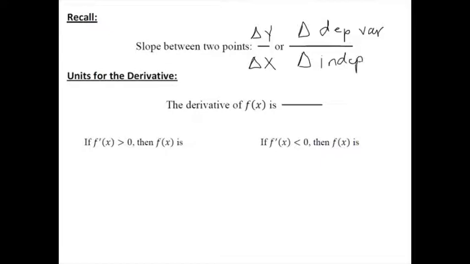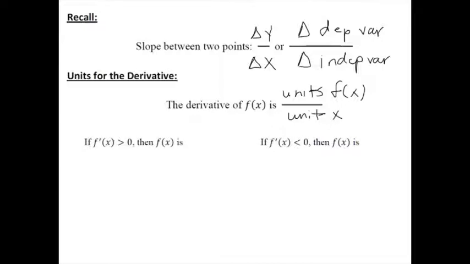So when we write the derivative of f, the units are the units of f of x, or the y value, over the units of x. When we write our units, it's important to know.